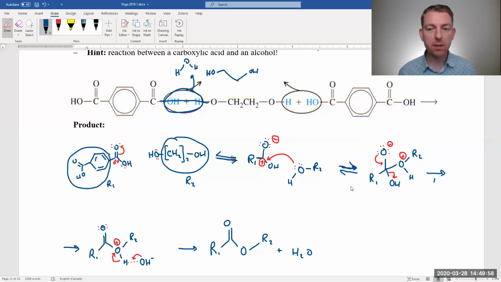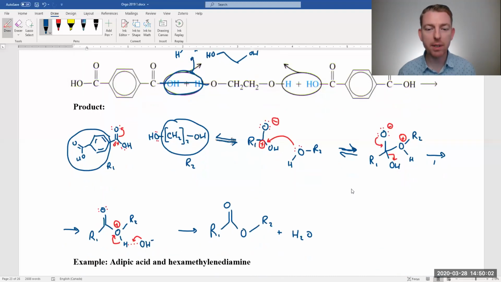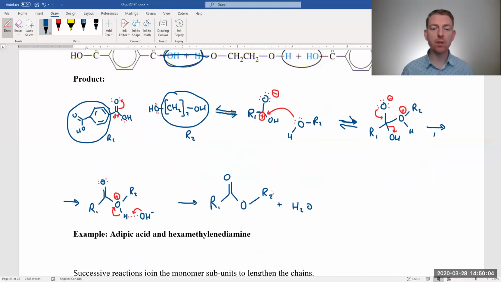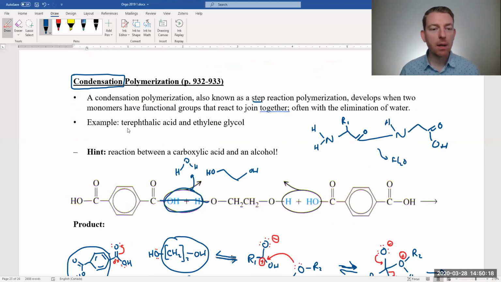Okay, so that's the condensation reaction for polymerization, and because this R2 also had another alcohol on the other end, and there's more structures in here with extra carboxylic acids hanging around, they're just going to alternate back and forth so that we get this terephthalic acid, ethylene glycol, terephthalic acid, ethylene glycol.